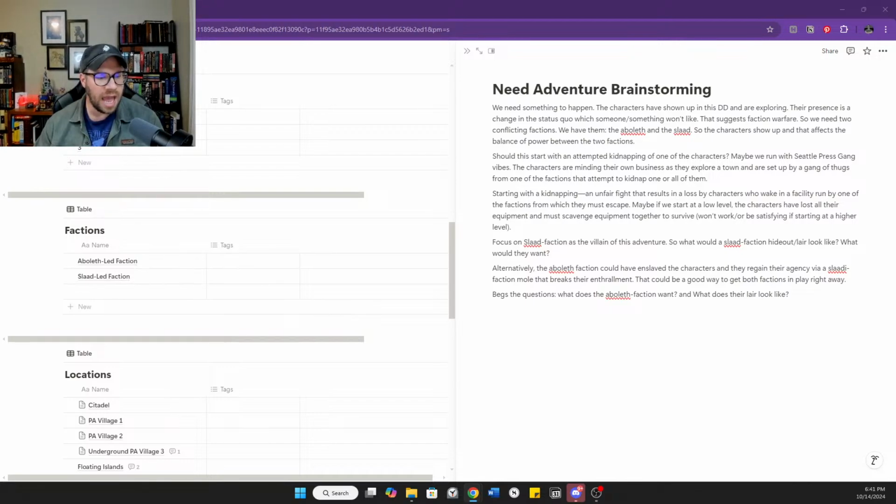Maybe they need that because they know that's their ticket back to power. Because if they control that artifact, they would be like gods here in this domain, or the aboleth that runs this faction.